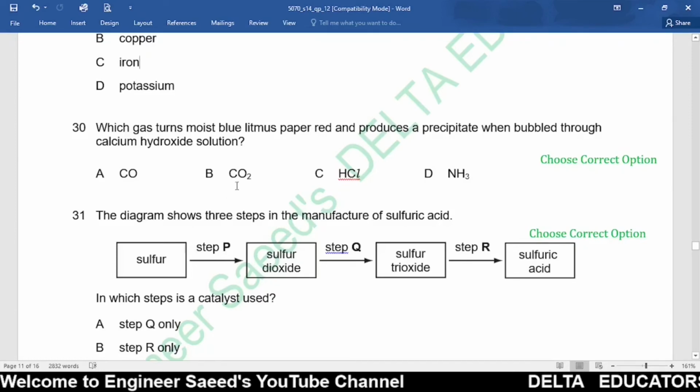When we react carbon dioxide with calcium hydroxide, we will get calcium carbonate, and calcium carbonate is a white precipitate. When we react HCl with calcium hydroxide, we will get calcium chloride and calcium chloride is soluble. So our correct option will be option B, carbon dioxide. It gives a white precipitate with calcium hydroxide, and second, carbon dioxide is acidic in nature. So correct option, option B.